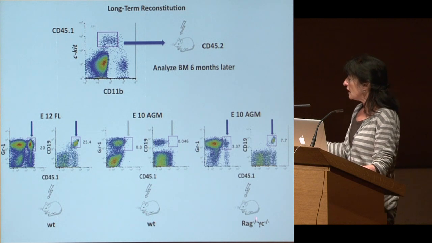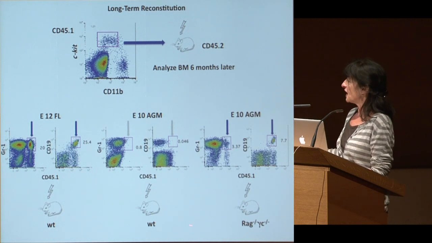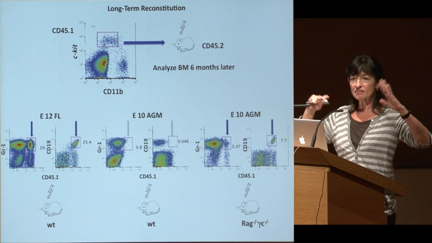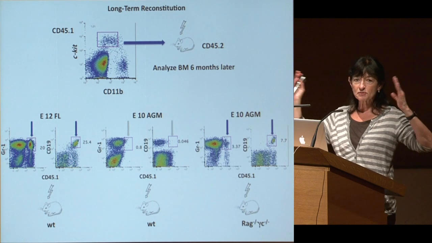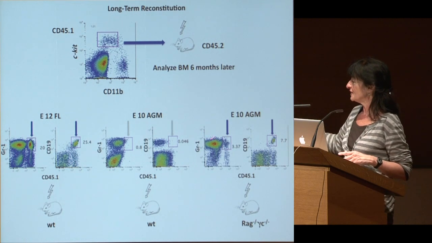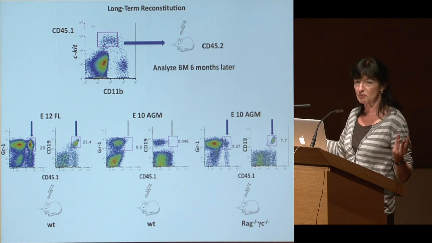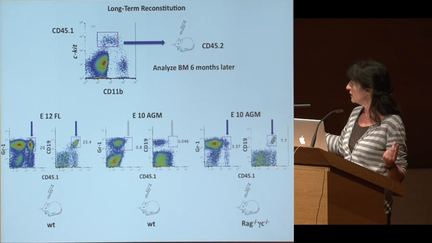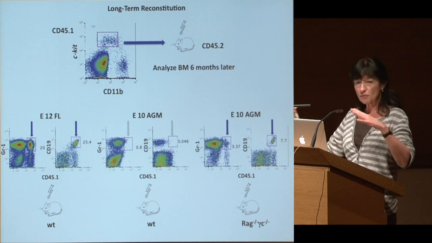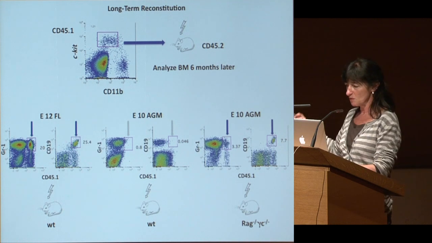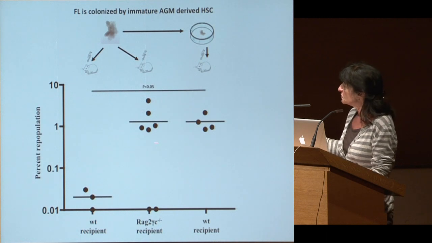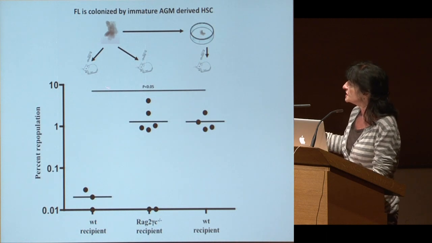So in fact, reconstitution of Rag-gamma versus wild-type became our assay system to distinguish between the newly generated, what we now call immature hematopoietic stem cells, and mature adult-type hematopoietic stem cells.